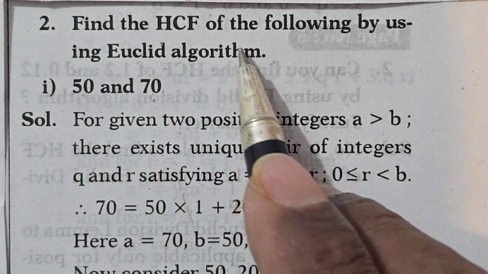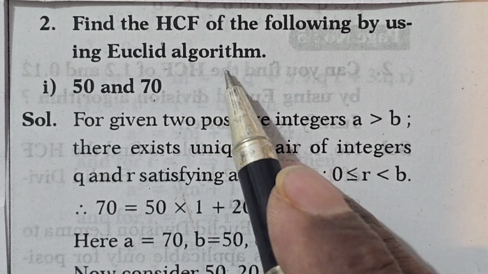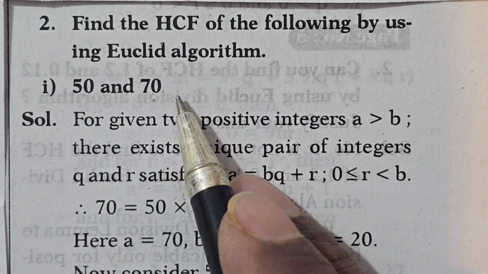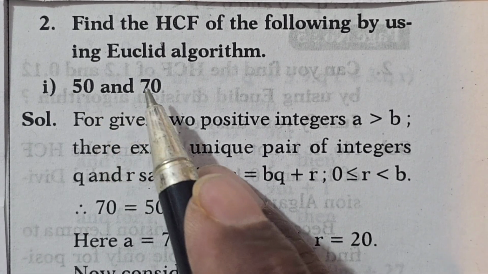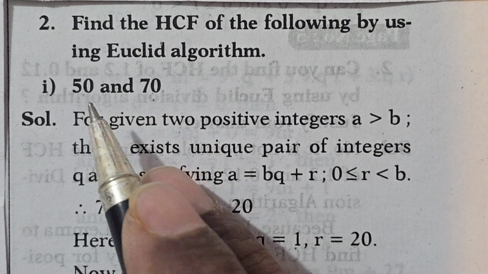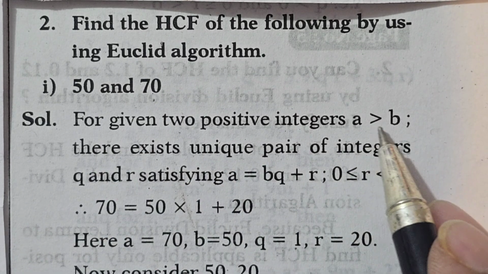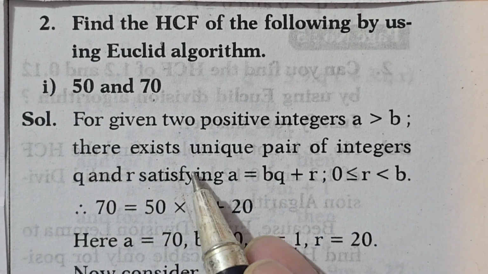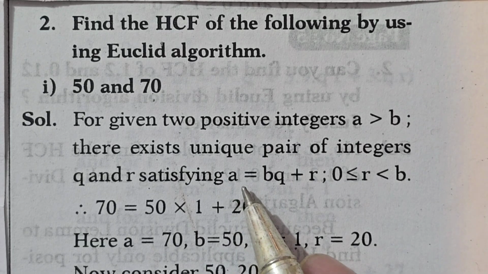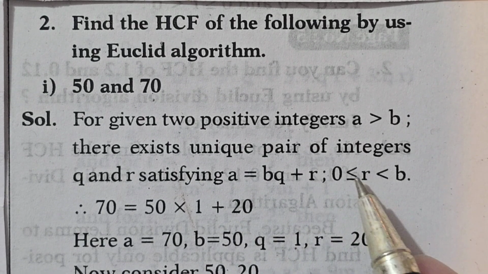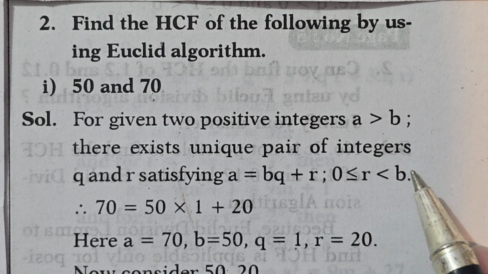Find the HCF of the following by using Euclid algorithm. 50 and 70 is given. You should take the bigger number as A and the smaller number as B. For given two positive integers where A is greater than B, there exists a unique pair of integers Q and R satisfying the equation A equal to BQ plus R, where R lies between 0 less than or equal to R less than B only.